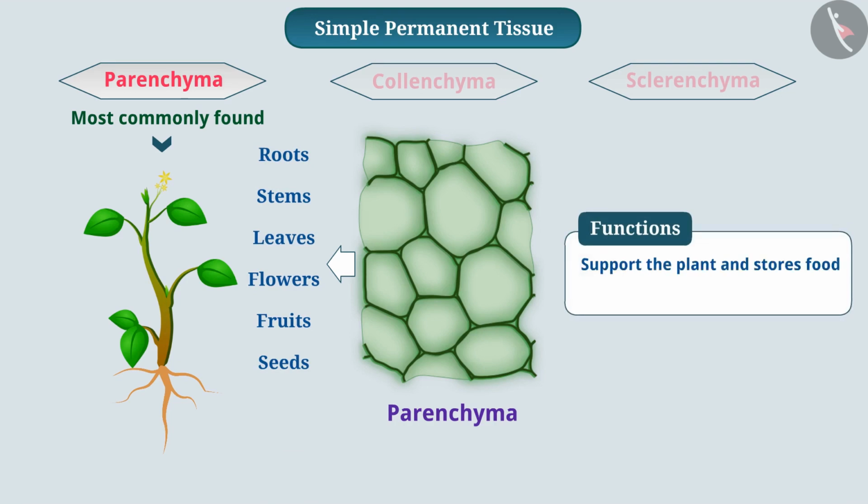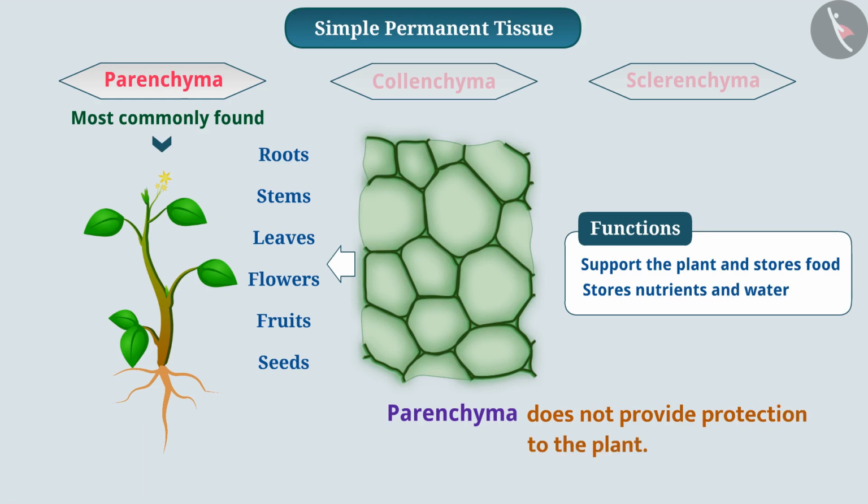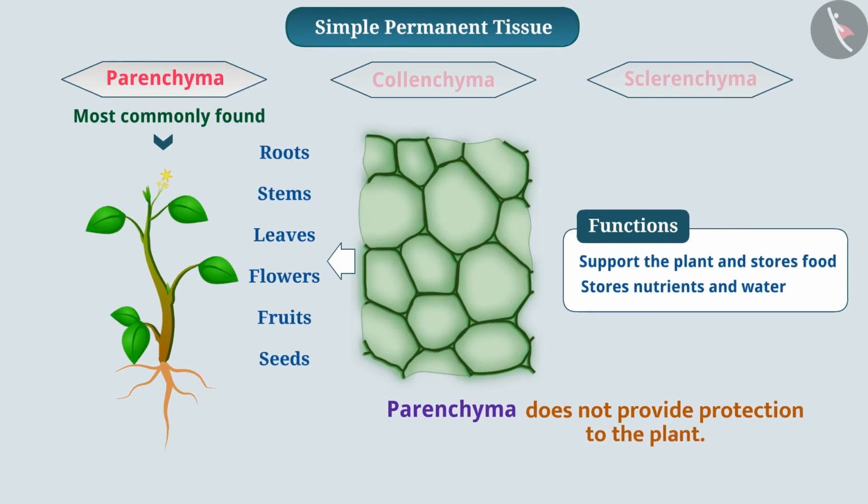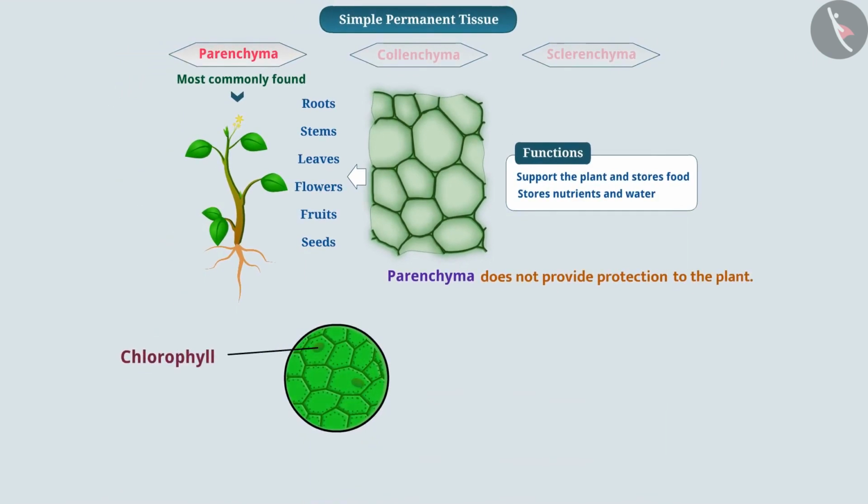Parenchyma present in stem and roots also stores nutrients and water. Therefore, these cells have a large vacuole. Parenchyma does not provide protection to the plant. Some parenchymatous tissues have cells that contain chlorophyll. Such parenchyma tissue is called chlorenchyma.